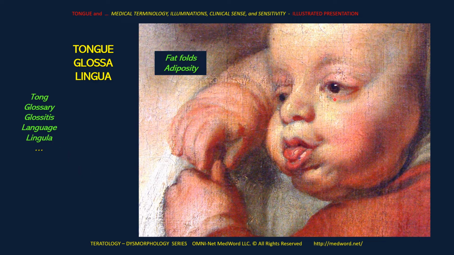But in addition, this is not the sole sign. There are a little bit too many folds here. Maybe there is adiposity. This is a hefty baby. Look at the facial proportion. He certainly doesn't have a problem with his weight.